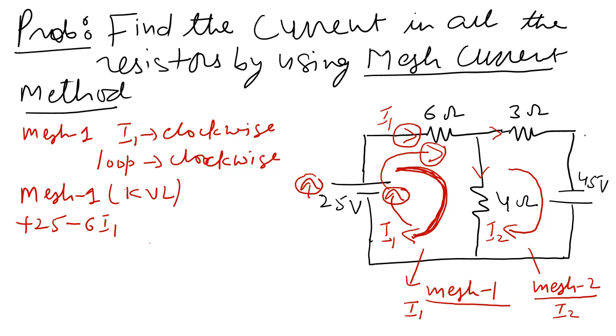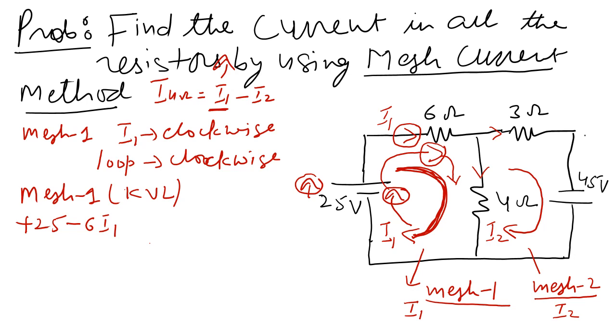Now the main thing here is when the loop direction is near the 4 ohm. The current passing in the 4 ohm is I1 minus I2. This is a rule, since I am applying the KVL rule in mesh 1: the mesh current I1 will come first and I2 will come second.